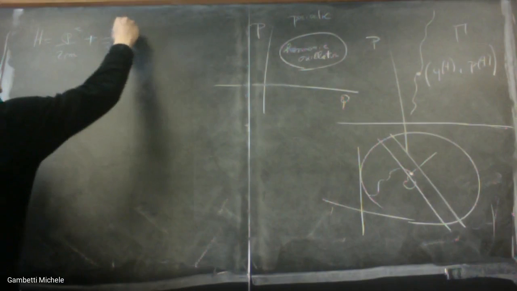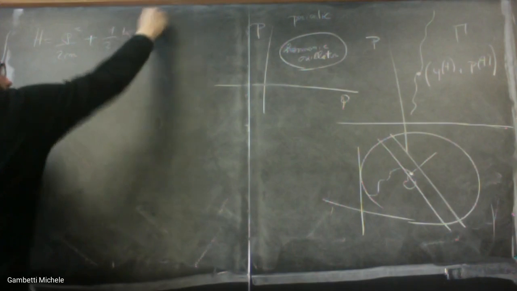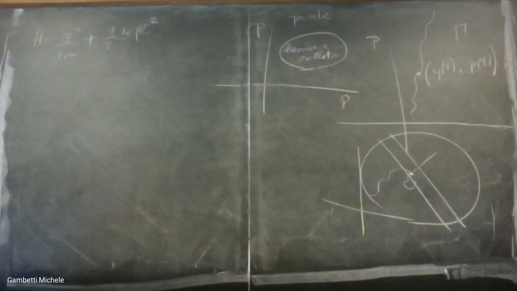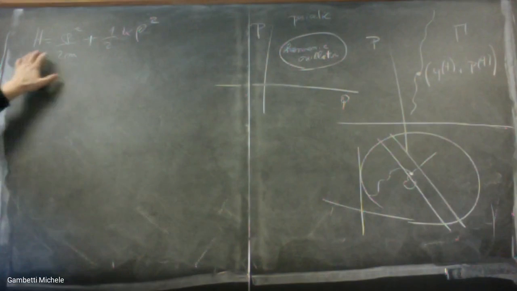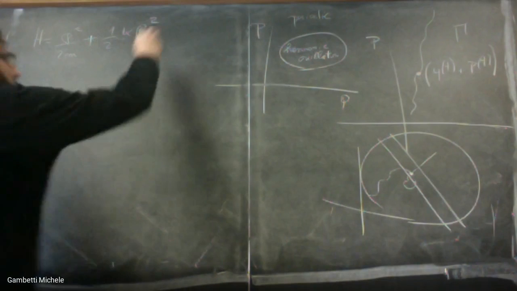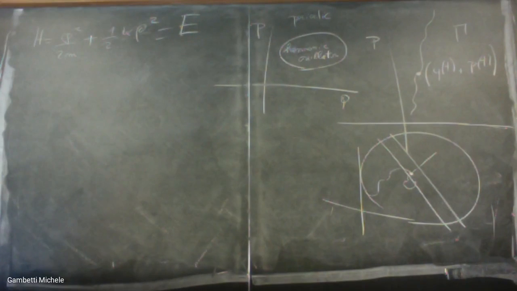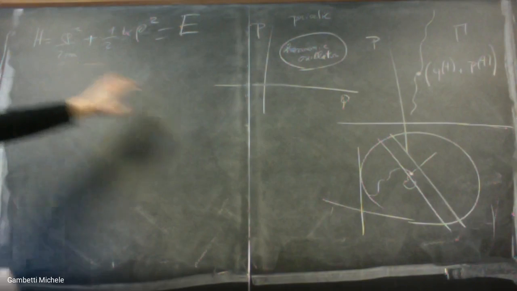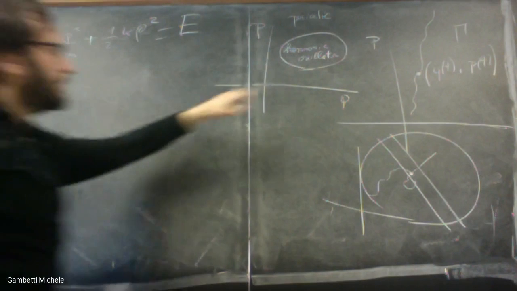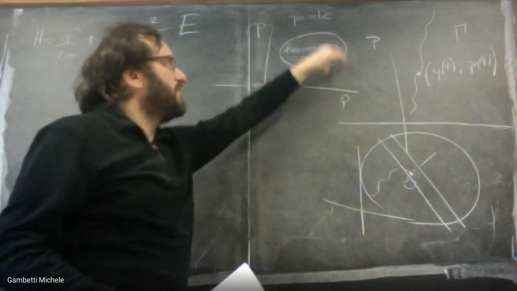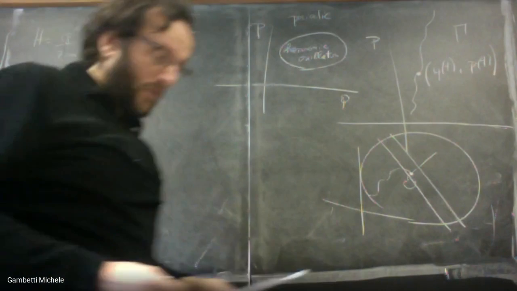So in the phase space, since the Hamiltonian must be equal to the total energy, which is fixed, basically the only possible trajectory is an ellipse, for a single harmonic oscillator.